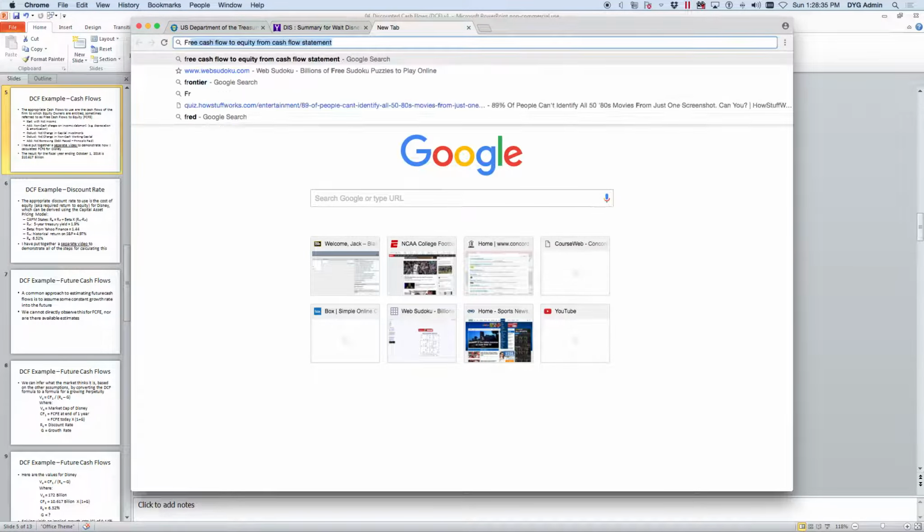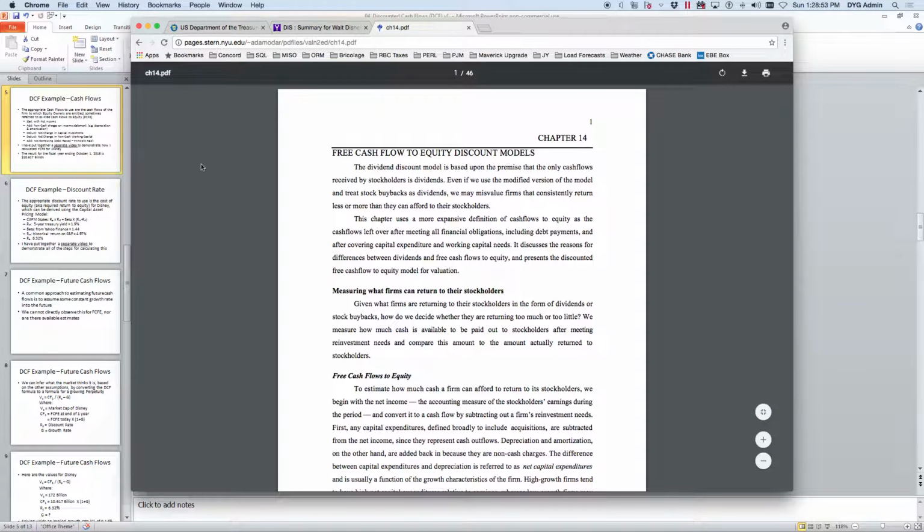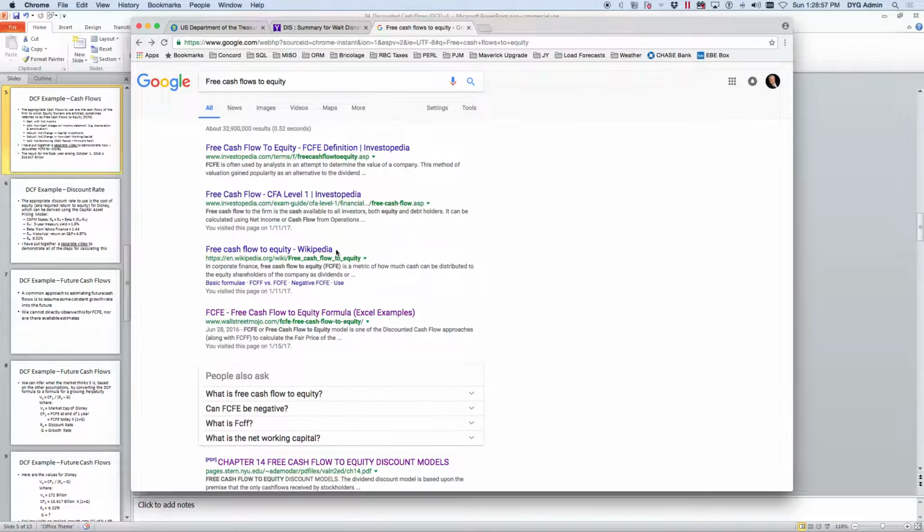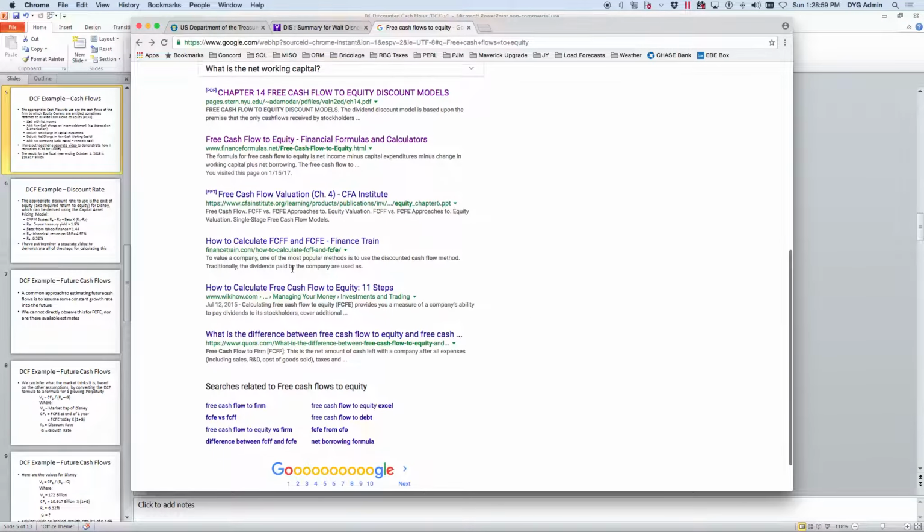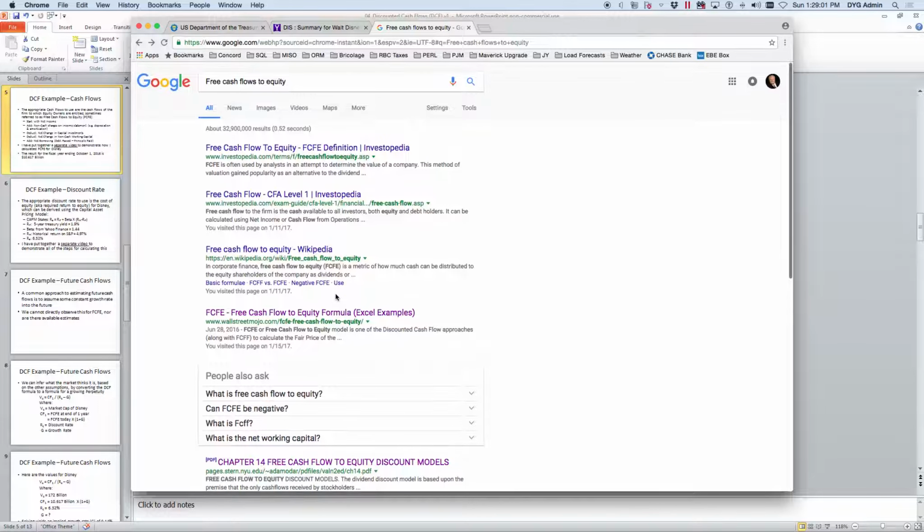So there's a huge amount of information out there about free cash flows to equity and using them in a discount model to value companies. I just want to point out that if either my explanation's not enough or the book's not enough, or you just want to learn a little bit more about them, there's quite a bit of information out there. The concept of free cash flow to equity is fairly straightforward.